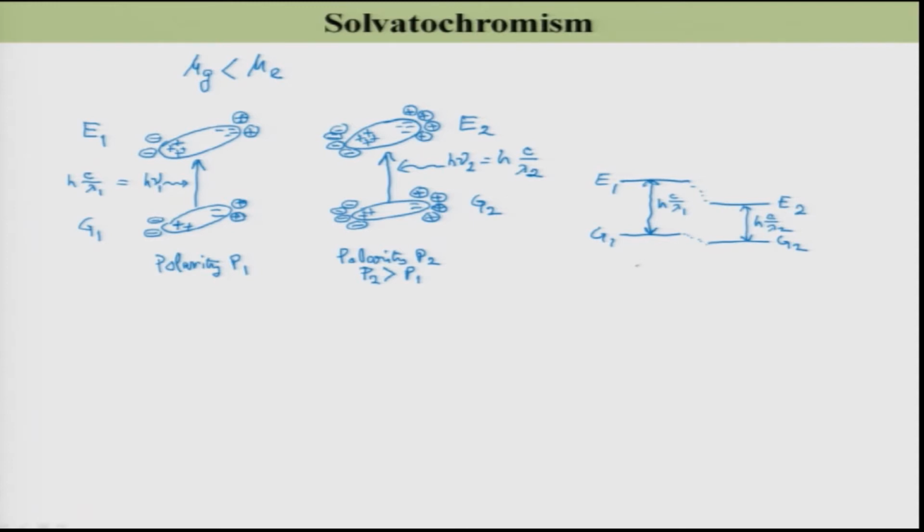That means lambda 2 is greater than lambda 1. So, as you can see, by increasing the polarity, the absorption spectrum is shifted towards lower energy, which means longer wavelength.